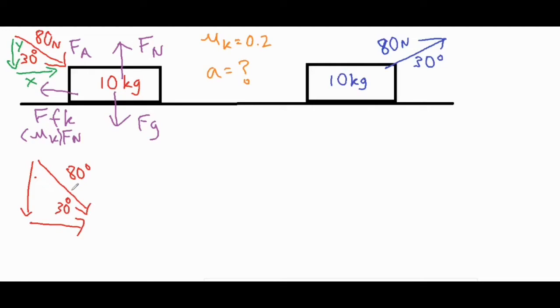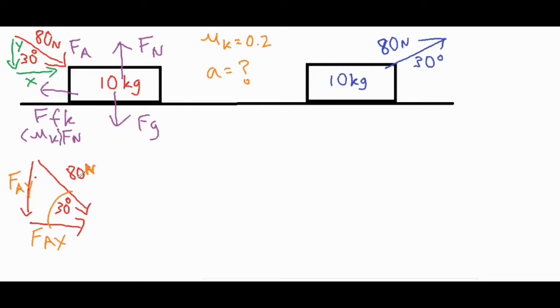Now, our 30-degree angle is over here because it's 30 degrees above the horizontal. So the side that's opposite of that is going to be our y component. We can call that FAY to be more descriptive, and we'll call this one FAX. Since we want to use the 80 newtons as our hypotenuse, along with our opposite side, we're going to use the sine of 30 degrees.